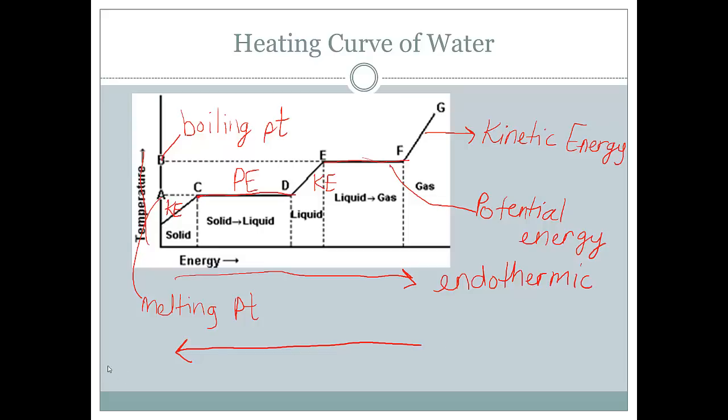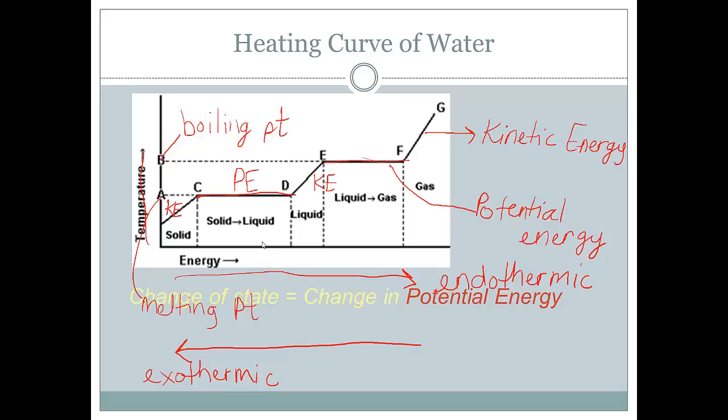When I read it in reverse, all of those are exothermic. So I'm going from a solid to a liquid, melting, endothermic. Liquid to a gas, boiling, endothermic. Go in the reverse, condensation, exothermic. In reverse, exothermic.